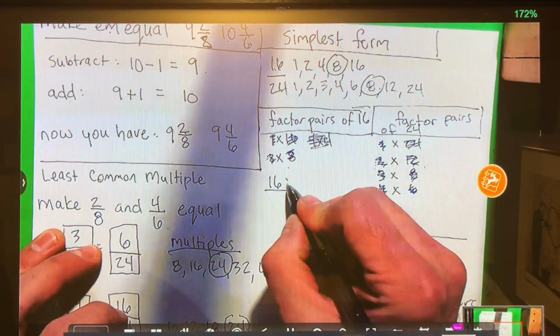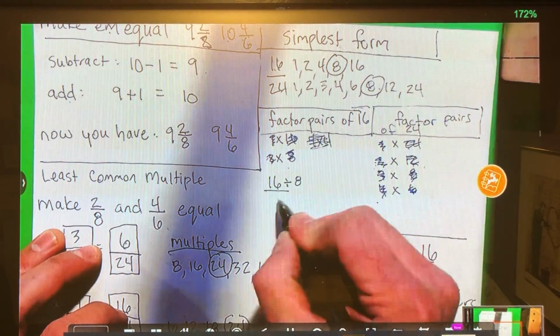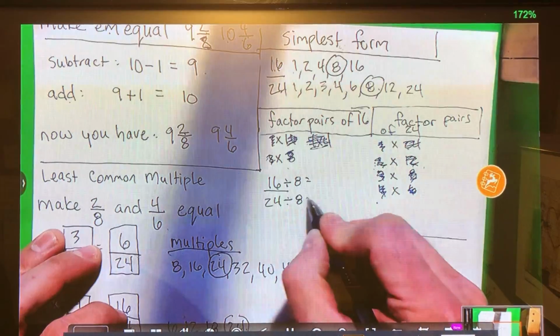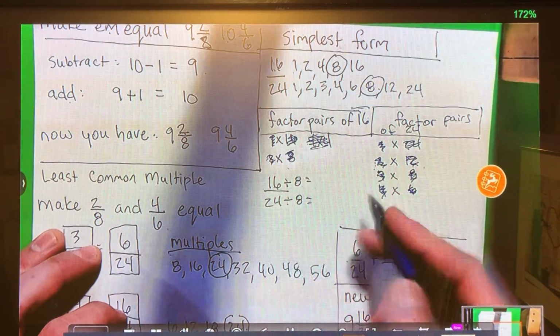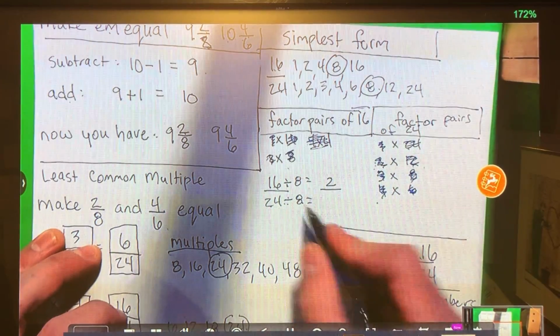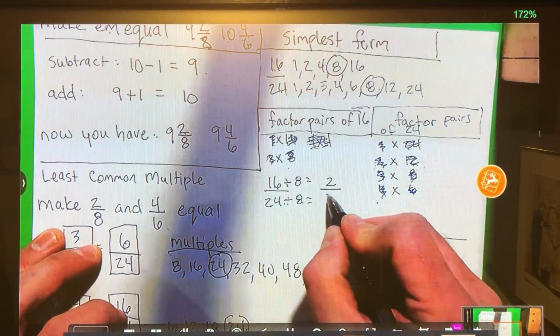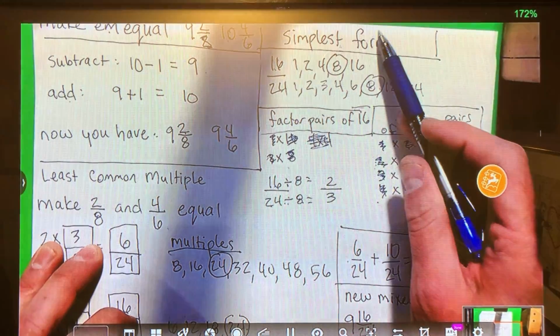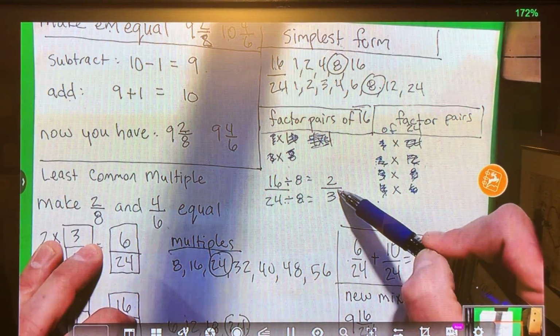So 16 divided by 8 and 24 divided by 8. 16 divided by 8 is 2, and 24 divided by 8 is 3. We have just taken 16/24, put it into simplest form, and we got 2/3.